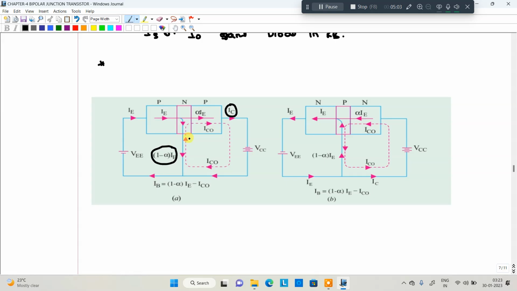So IB is (1 minus alpha) into IE, and IC is equal to alpha into IE. Now some circulating currents will be flowing. In the case of an NPN transistor, this is the direction; in the case of a PNP transistor, this is the direction, upward or downward. Based on PNP or NPN, the direction will be decided. Here ICBO is a leakage current.